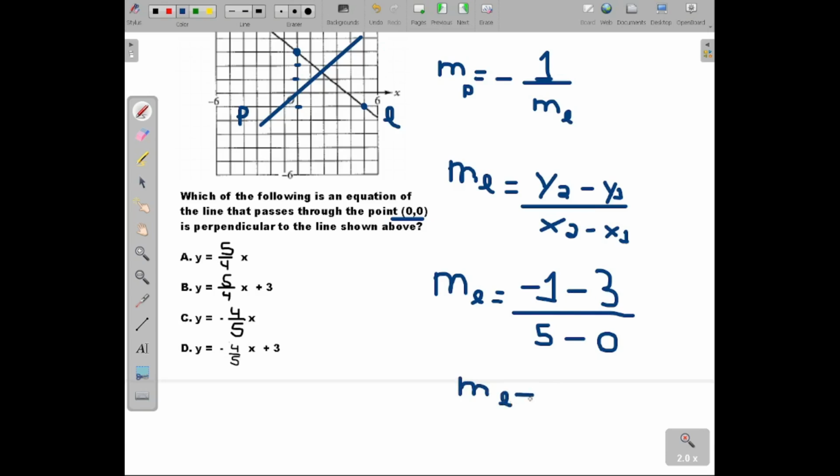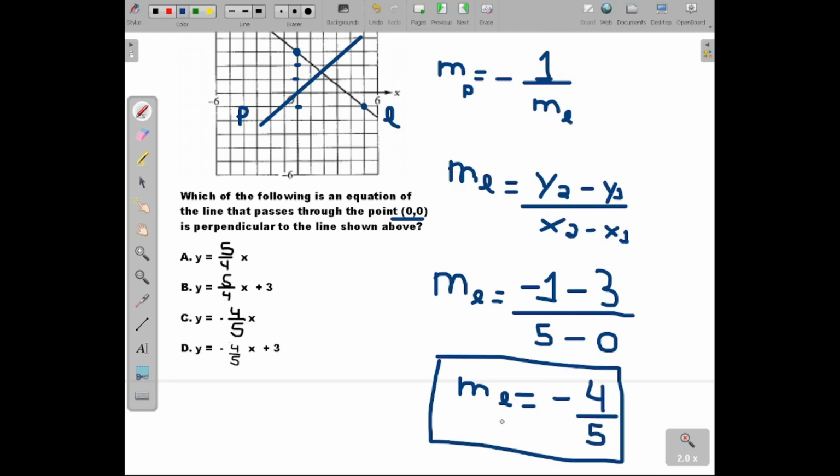The slope of L is equal to negative 1 minus 3, which is negative 4, divided by 5 minus 0, which is 5. This is the slope of L. Now we replace the value in this other formula.